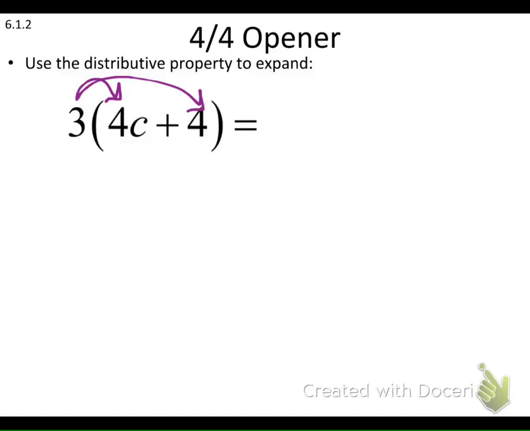So, Devontae, can you help me out? Thank you. So, 3 times 4C, 12C. Am I going to add it or subtract it here? I'm going to add it. I have no negative numbers. 3 times 4 is 12. Perfect. And is that my final answer?